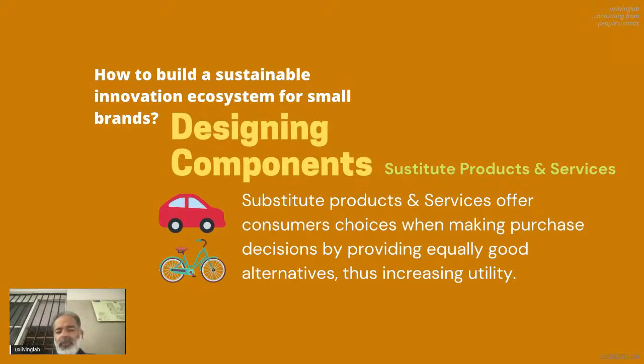So, what is the result of substitute products? I already explained that substitute products increase utility, and offer consumers choice when making purchase decisions by providing equally good alternatives. So actually, substitute products create rivalry.